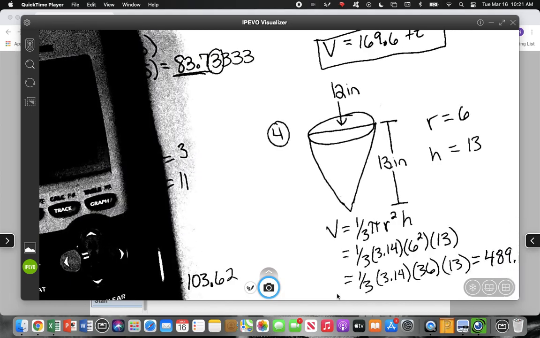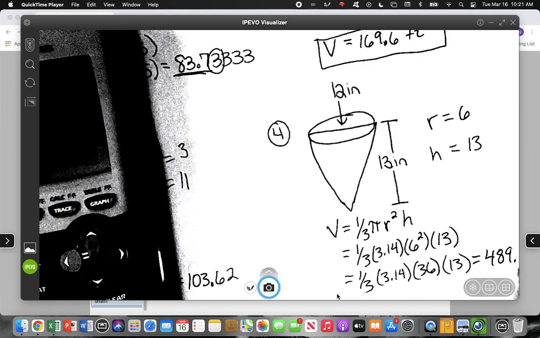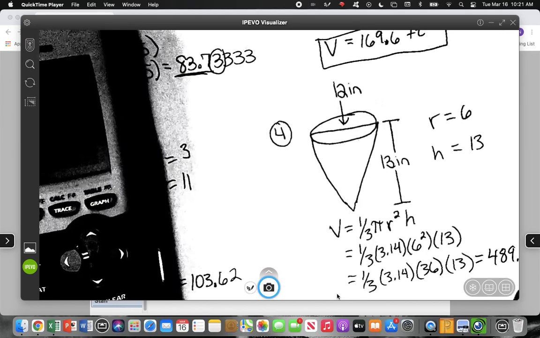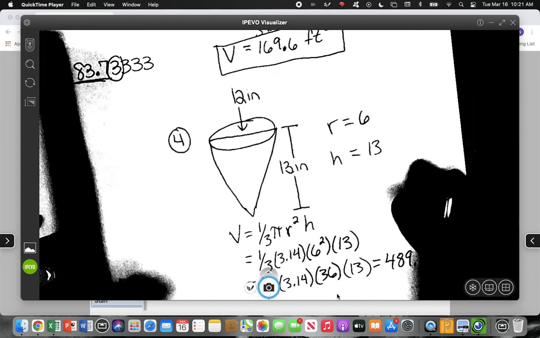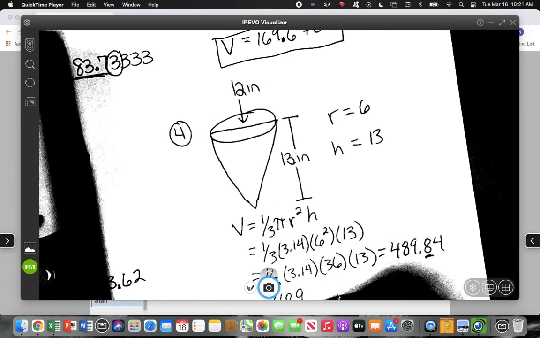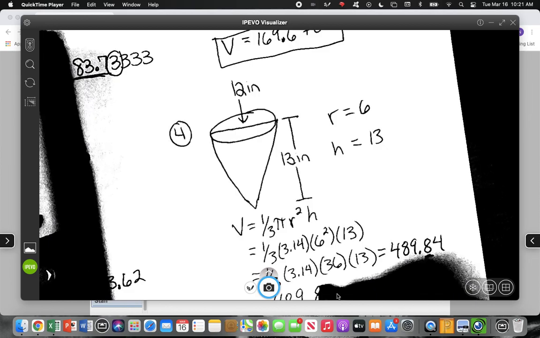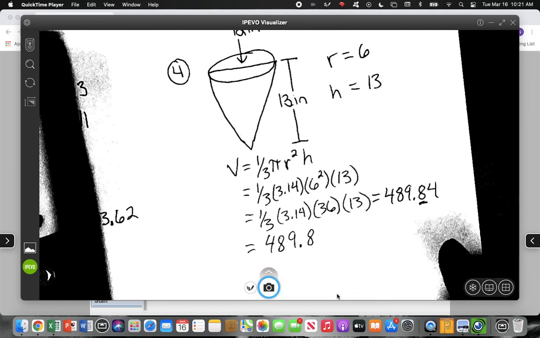All right, so I want to round to the nearest tenth. So I want to round to this one. So is that telling me to round up or to stay the same? Stay the same. Oh, sorry, you guys can't even see it. All right. So 489.8. And then what's the label on this? Inches cubed. Inches cubed.